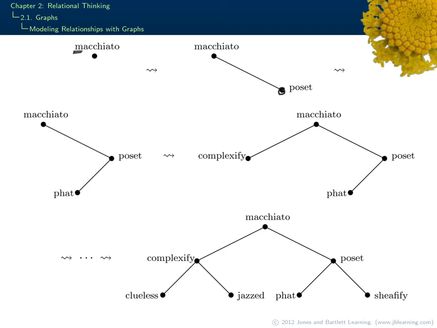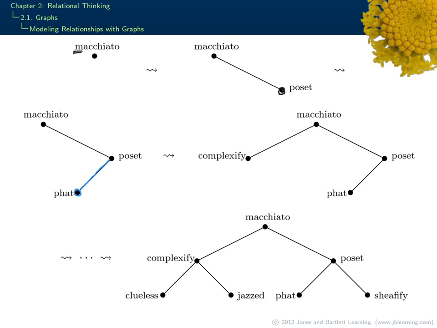And then you ask yourself, does fat come after or before poset alphabetically? If it were to come after, then we would move down and to the right. But it comes before, so we move down and to the left, draw the vertex here, and establish this edge in our tree.